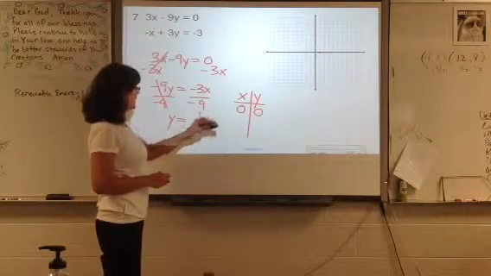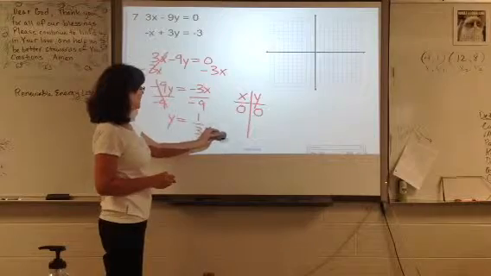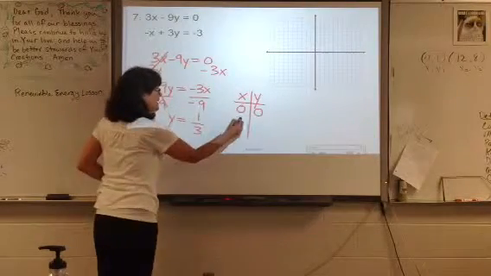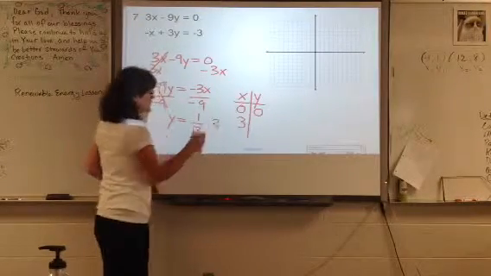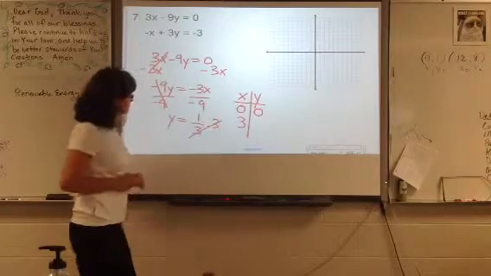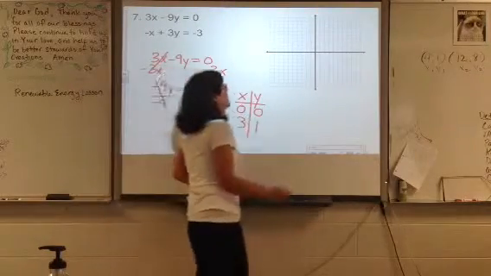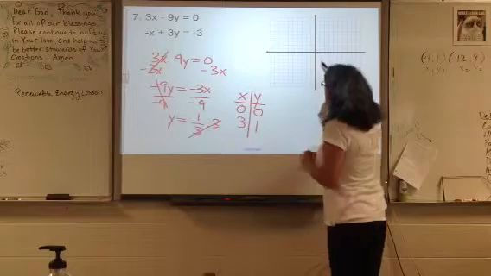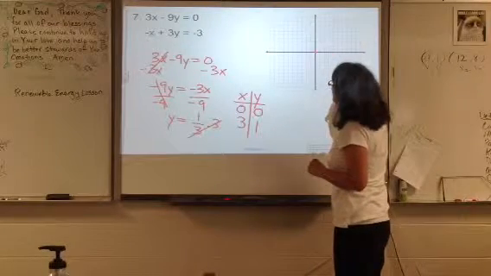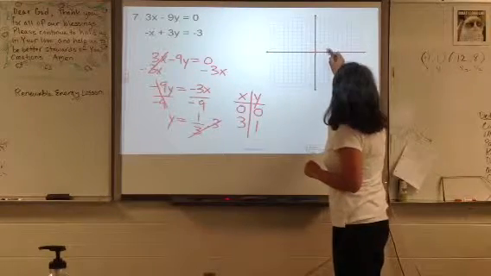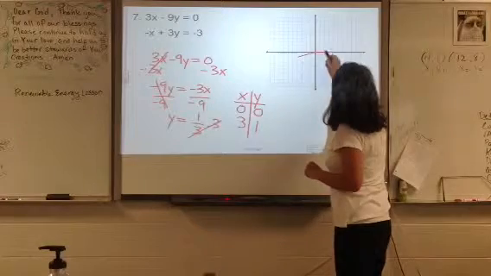But if I make x 3, I will be able to get rid of that fraction, and y will be 1. So let's plot these 2 points, 0, 0 and 3, 1. There is my first line.